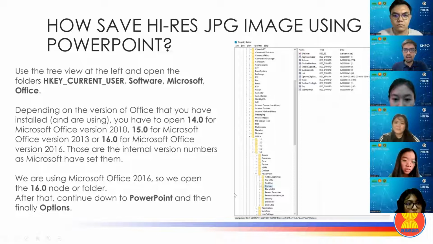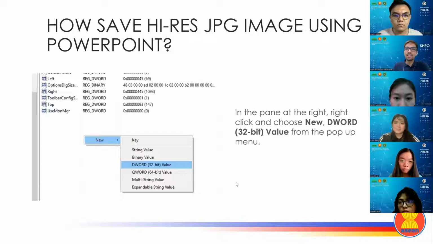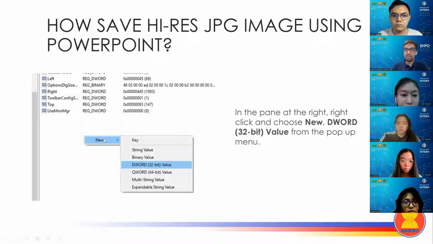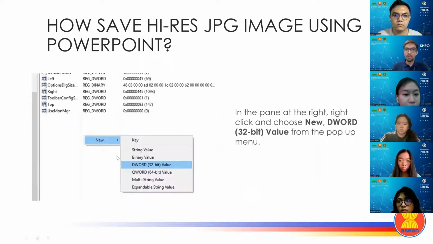Yes. Okay. And then, in the pane at the right click, choose new. This one should appear. Yung right pane, ito yan. Then new, the word, 32-bit value.